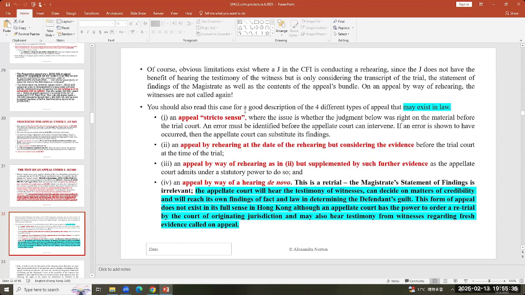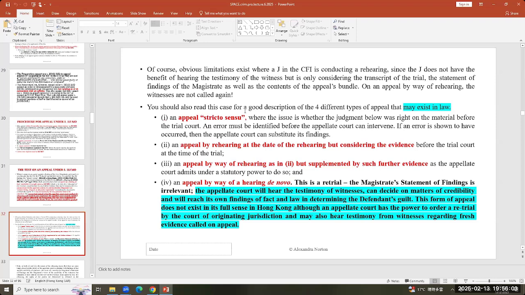So there are basically four different types of appeal. There are appeals stricto sensu, where you have to identify an error in order for the appellate court to overturn the decision. You have appeals by way of rehearing, but only based on the original evidence at the trial, or a rehearing when new, fresh evidence is introduced on appeal.